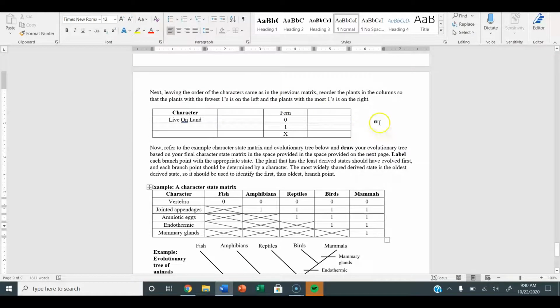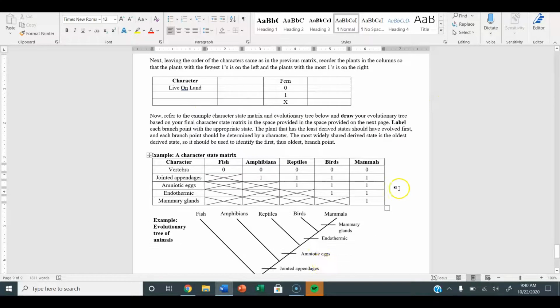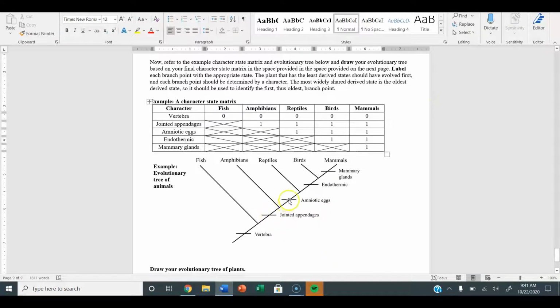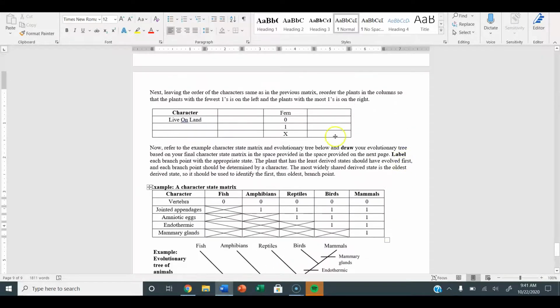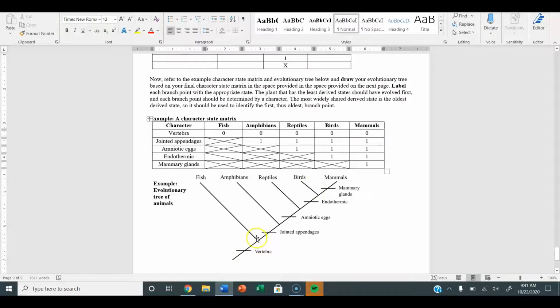But anyway, you can draw your diagonal line and you're going to put a little tick mark for your first character, a little tick mark for your second character, and a little tick mark, just like these, for your third character. And then your organisms should be in order. So you're going to branch one off after the first characteristic, branch one off after the second, and branch one off after the third.